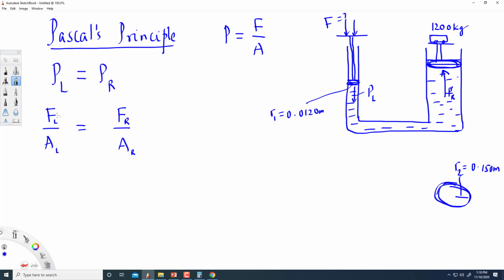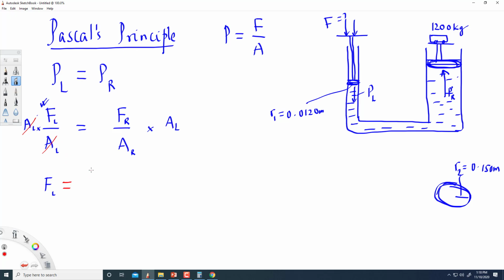So this is what I want to find. I want to write this in terms of that quantity. To do that, I can multiply both sides by AL. Just to get rid of that, I multiply both sides by AL. So AL and AL cancel, and I will have FL left on the left side.